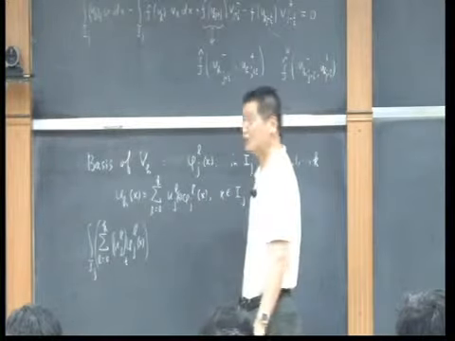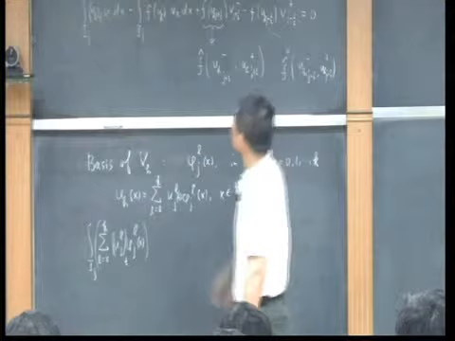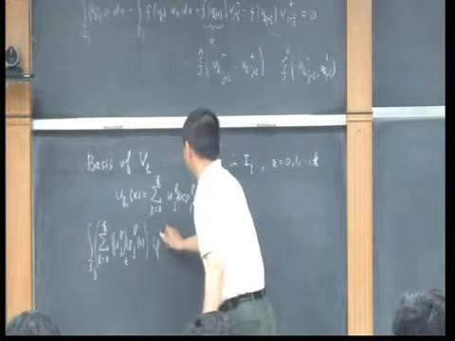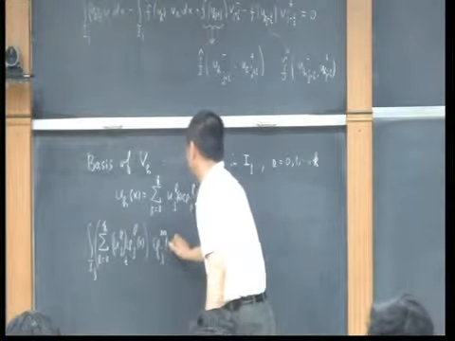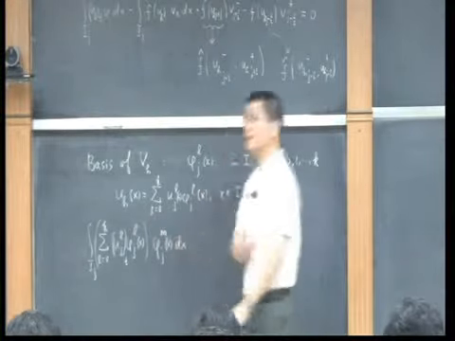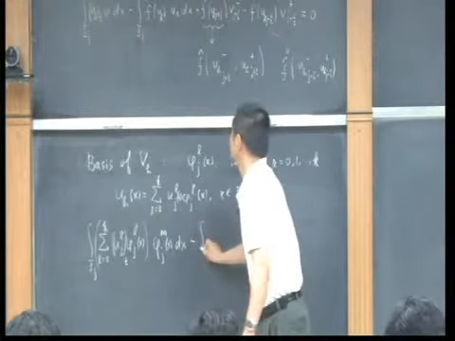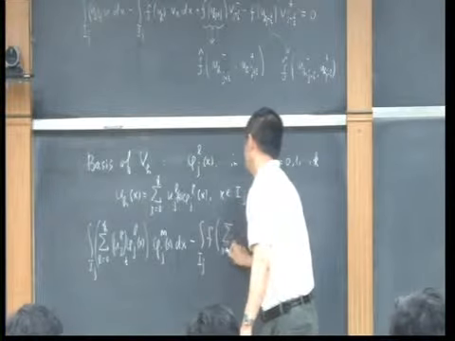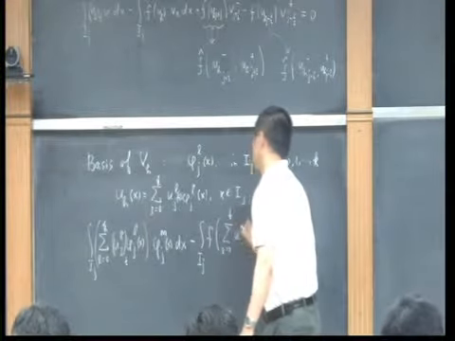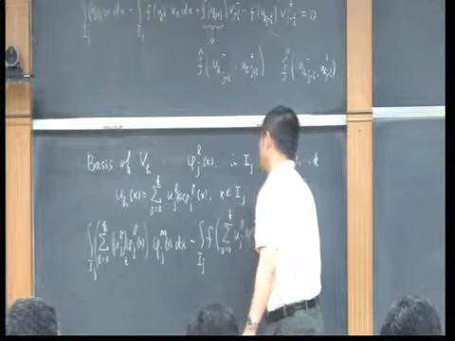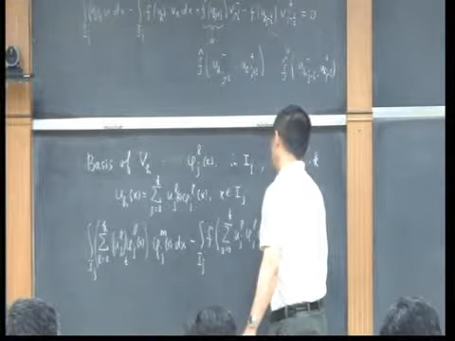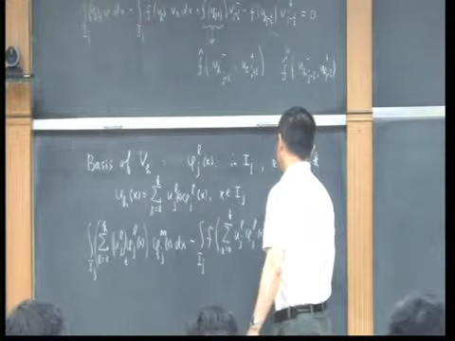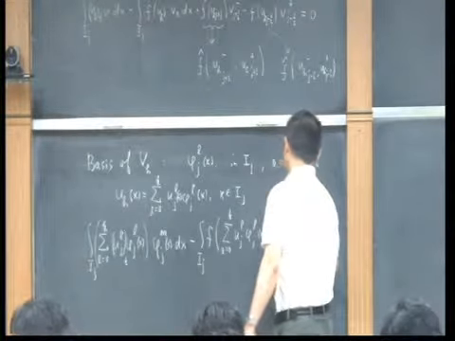Partial derivative with respect to t, times v. v I can take again to be phi_m^j(x) dx. So that's the first term. The second term is f of this guy times the derivative of this guy, dx.